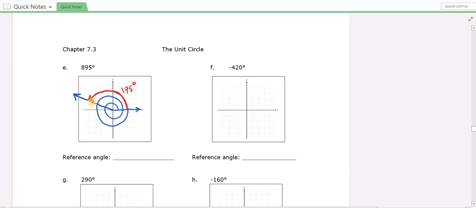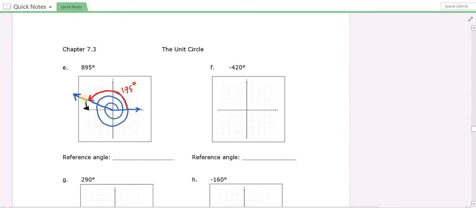So the reference angle is the measure from the terminal side to the x-axis, which is this part of the angle. You notice that I didn't care about the previous 2 revolutions, because what I care about is the measure of this small angle right here. And if I just use the last part of this angle, which is 175, I will be able to figure out the reference angle.